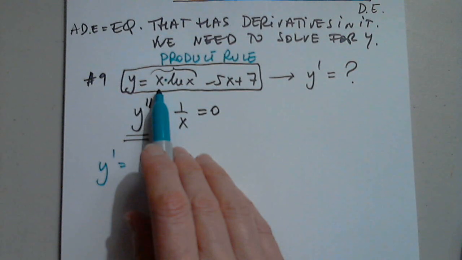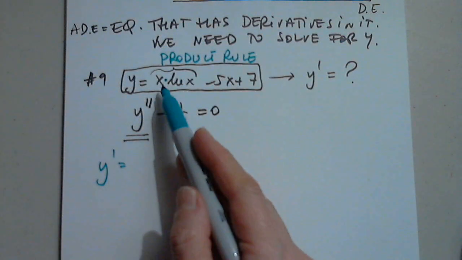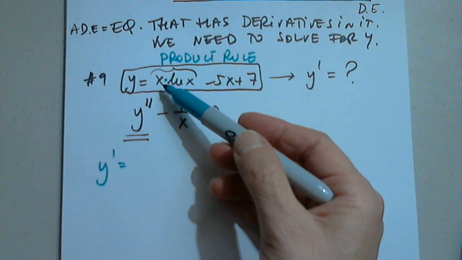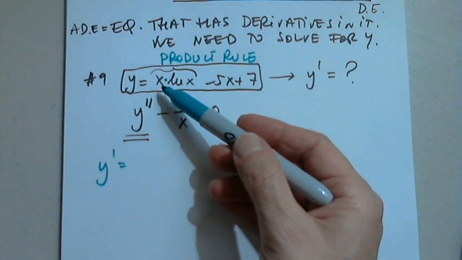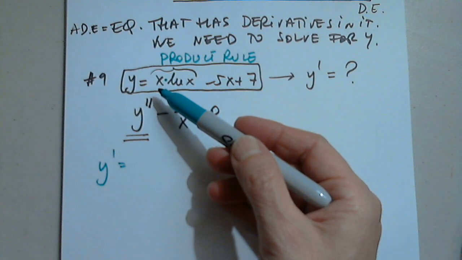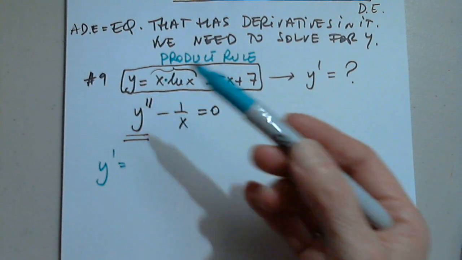First function prime. How much is x prime? 1, very good.